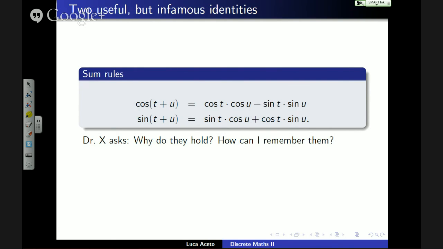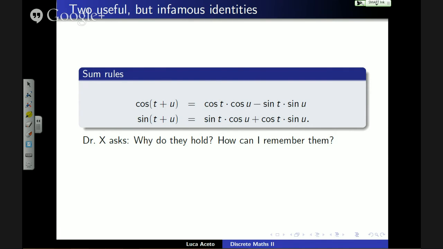We got much more important things to remember in life, isn't it? Like your boyfriend's birthday or whatever. These are two rules that tell you how to compute the sine and the cosine of t plus u, where t and u are angles, in terms of the sine and cosine of the two angles.